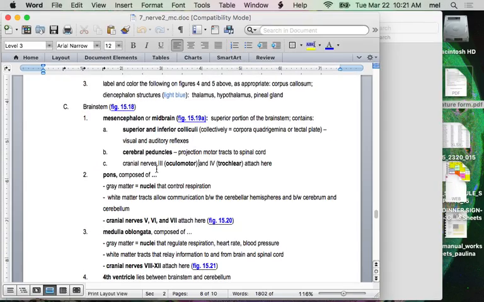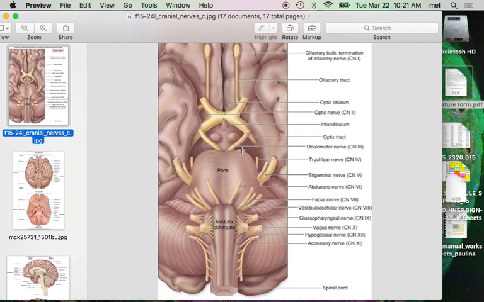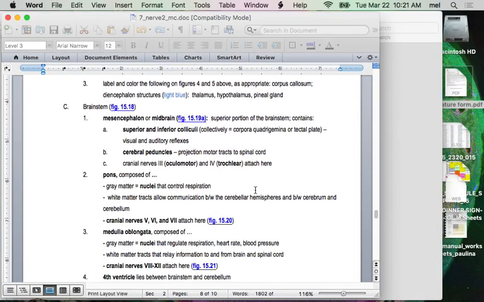So your first cranial nerves that you're going to run into are way up here, and then you run into the optic, right? And then you run into these two, which is the oculomotor and the trochlear, which attach right here, close to the brainstem. Before we go, actually, I'll do that in a minute. When we talk about cranial nerves, I'll talk about that. Okay, so now we are moving back.